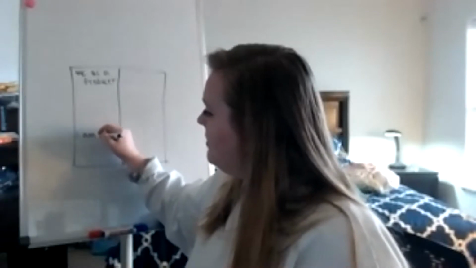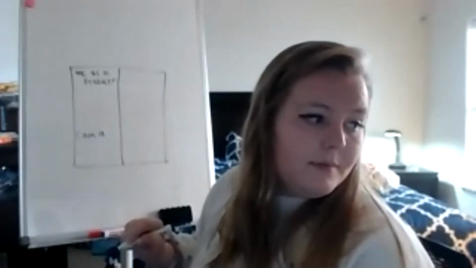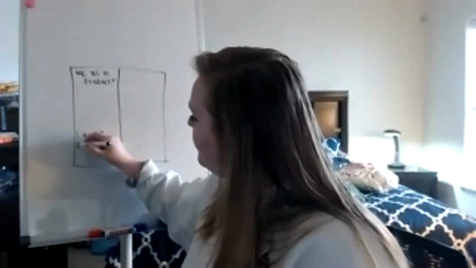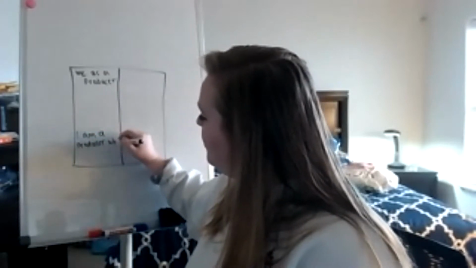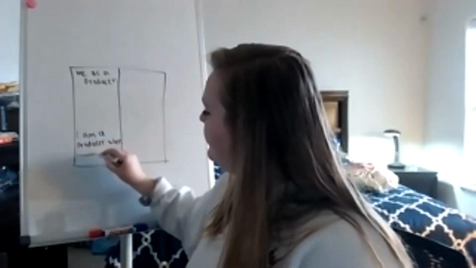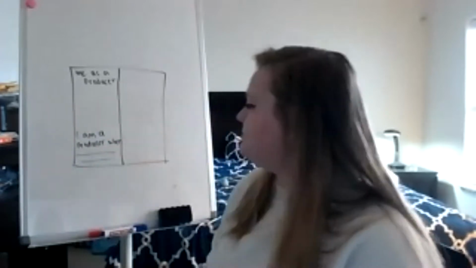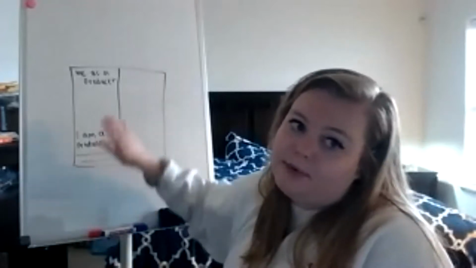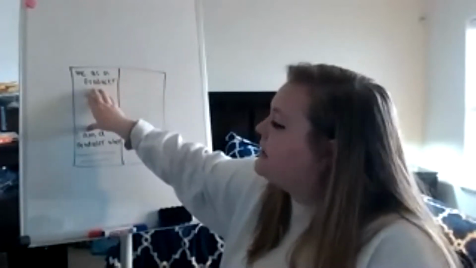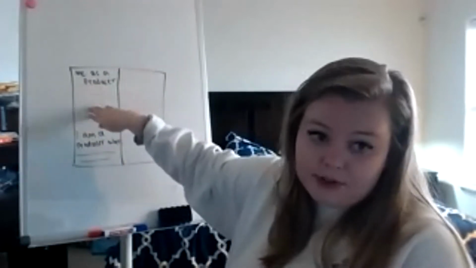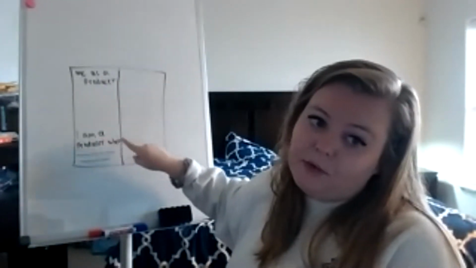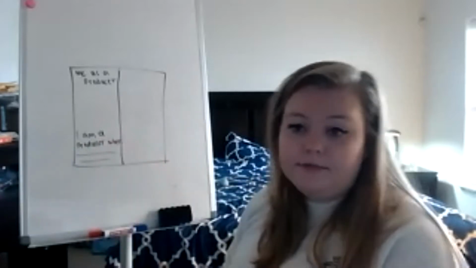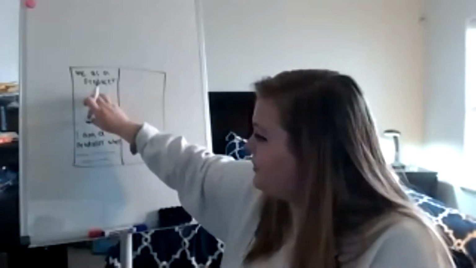I am a producer when. So, me as a producer up at the top, a picture of you being a producer, and then you're going to fill in this sentence. I am a producer when, fill in whatever you're doing to be a producer.